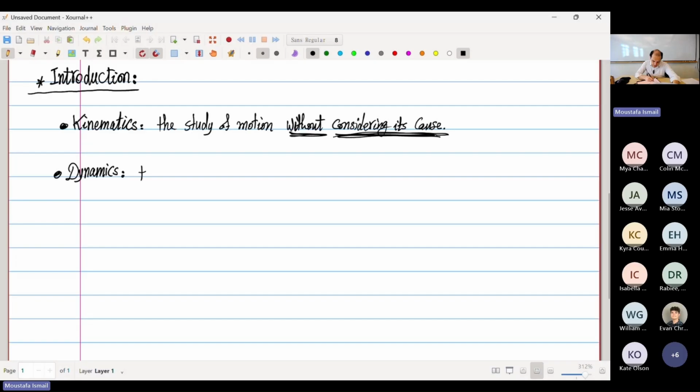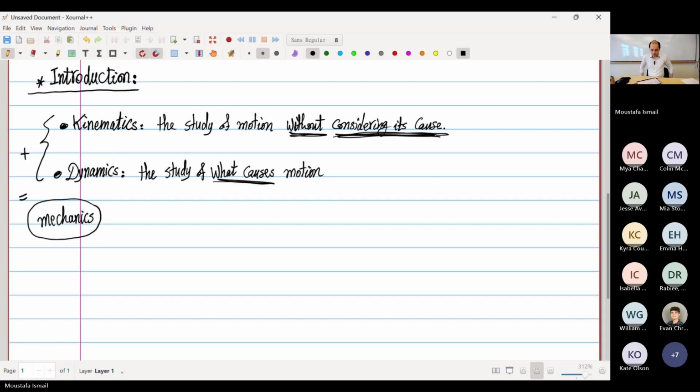Dynamics is the study of the cause of motion. Together, these two give rise to the science of mechanics, which is the study of motion in general. We're gonna just give a very brief overview of Newton's laws before discussing forces, just to get an overview of what we're gonna see ahead.